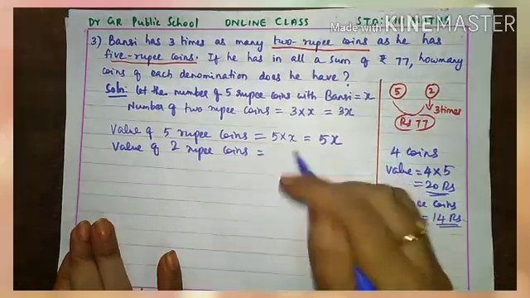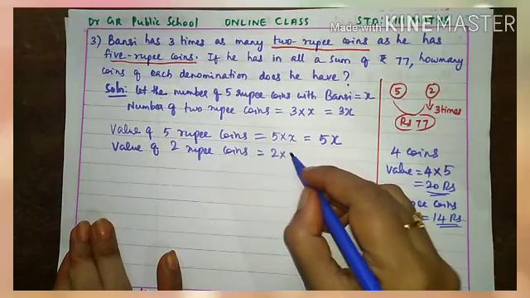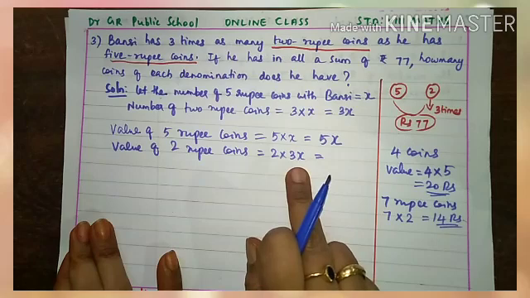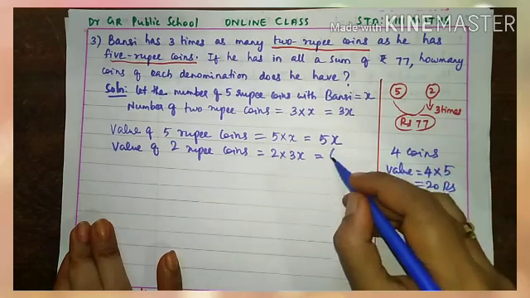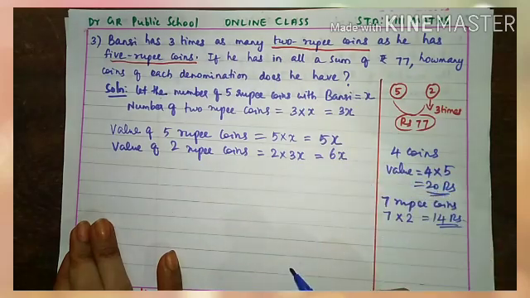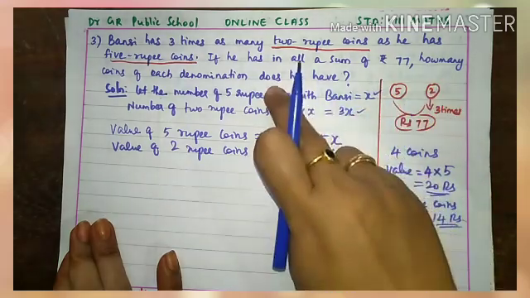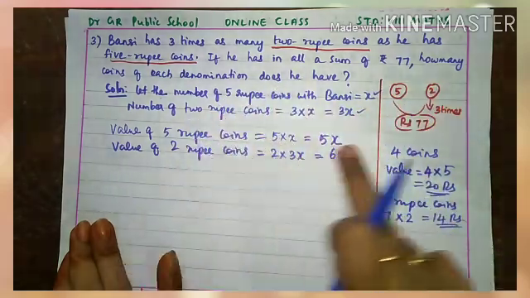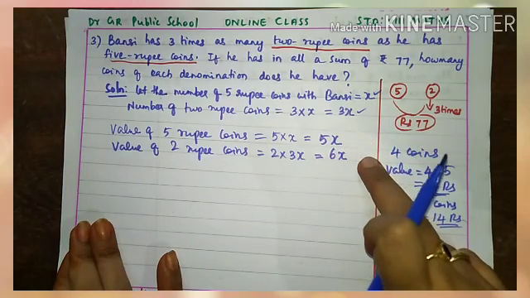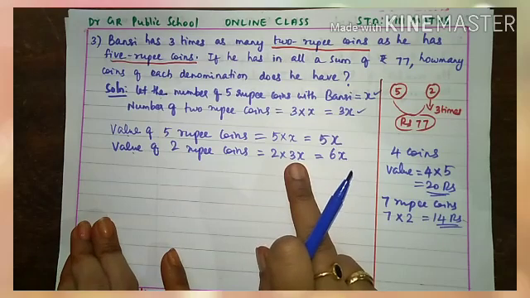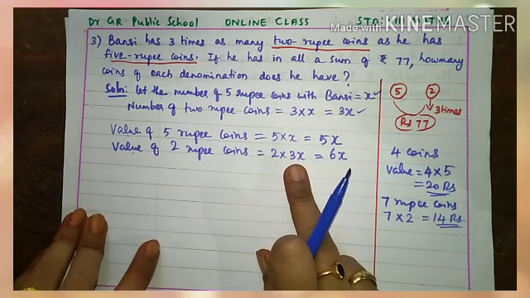We have written 3x. So 2 into 3x. That gives the value. What is 2 into 3x? 2 into 3 is 6. It becomes 6x. Okay. So first this x and 3x are the number of 5 rupee coins and 2 rupee coins. And this given 5x and 6x are the value of the number of coins. Okay. Clear up to this?